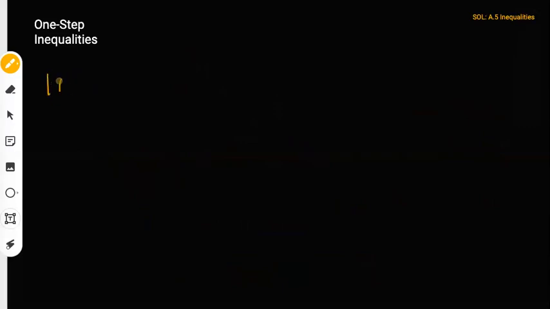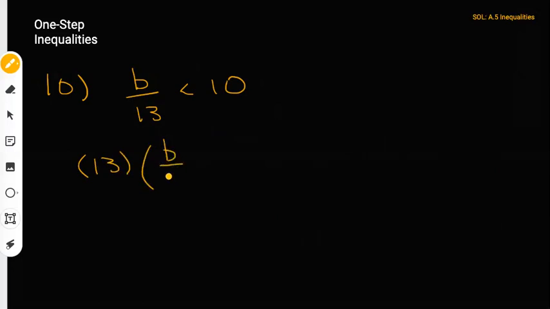All right, let's look at 10. I've got b over 13 is less than 10. So for this one, since I'm dividing by 13 to start off with, I'm going to multiply by 13 on both sides. That's the only way I can get that 13 out of the denominator.